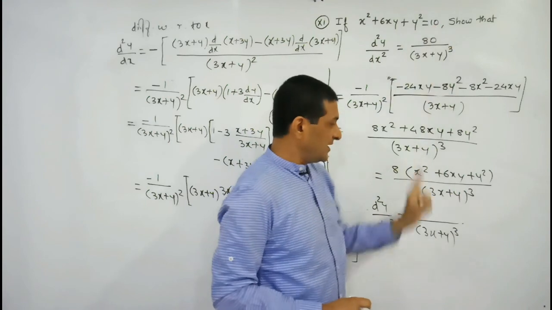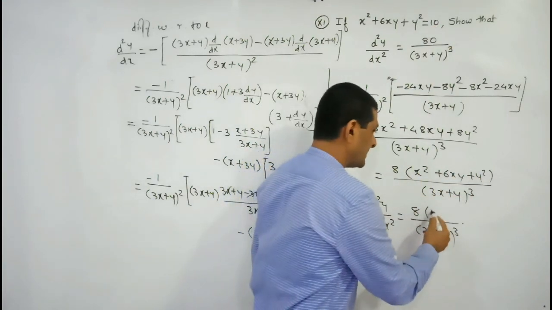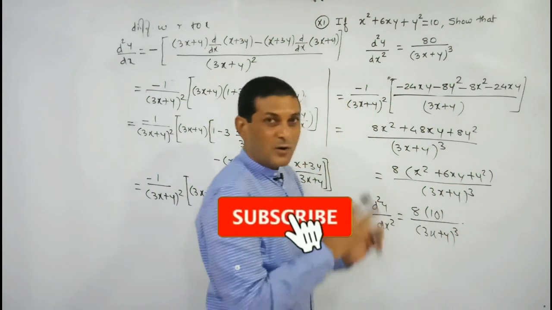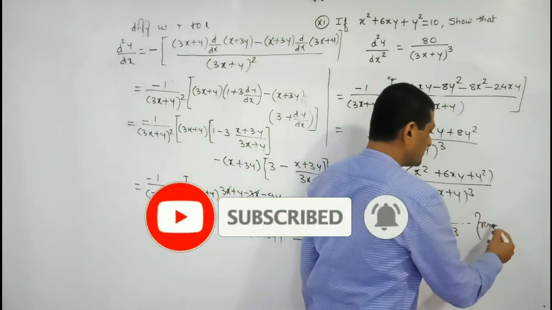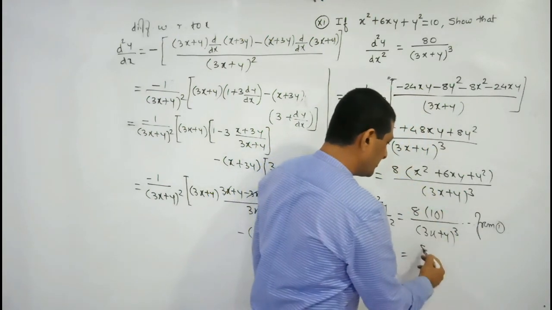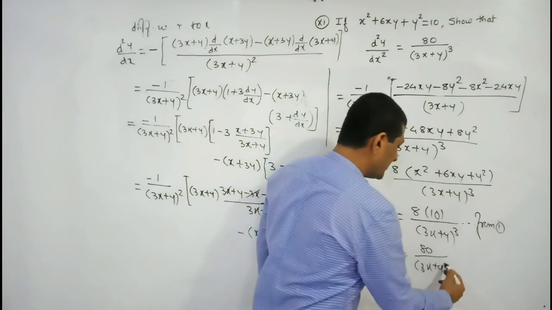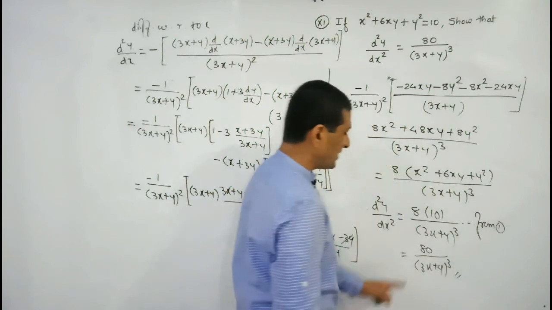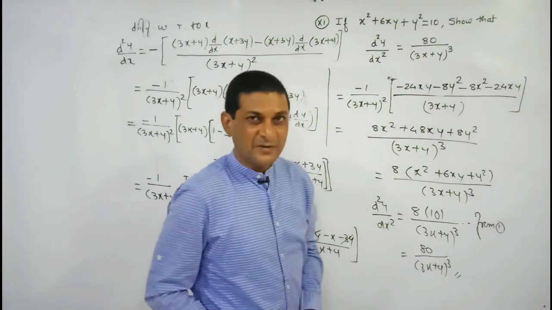It will be equal to 10. So I am replacing it by 10. Already in the solution we have denoted this expression by equation first. So from equation first, 8 into 10 will be equal to 80 divided by 3x plus y whole bracket cube, which is nothing but our required value of second order derivative.